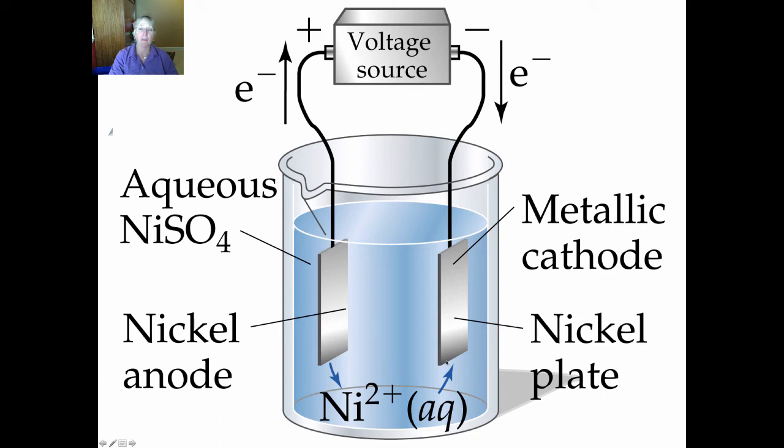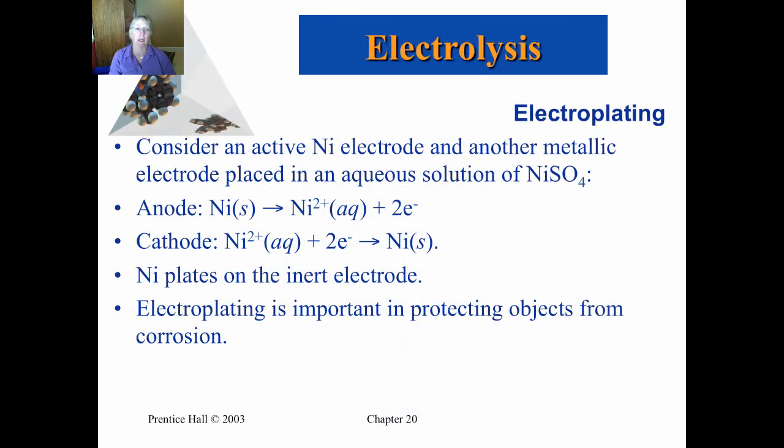They're migrating over here because that's our negative electrode, and as they cruise over here towards this plate, this electrode made of something like steel, they will pick up the electrons coming their way and turn back into nickel atoms, but now they're going to form a thin coating on this cheaper piece of metal, the steel electrode over there at the cathode. Here are the two reactions that are happening.